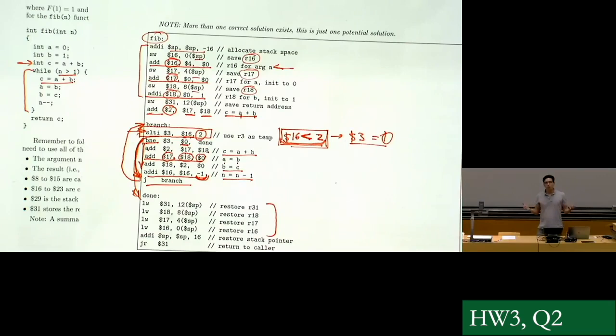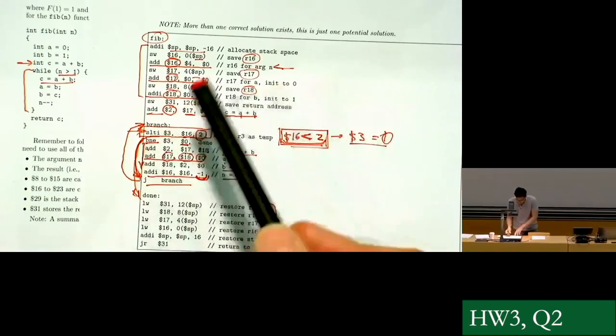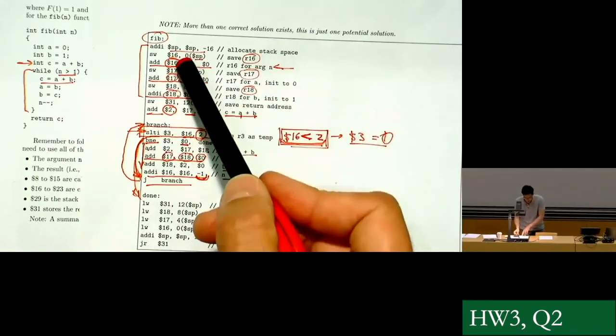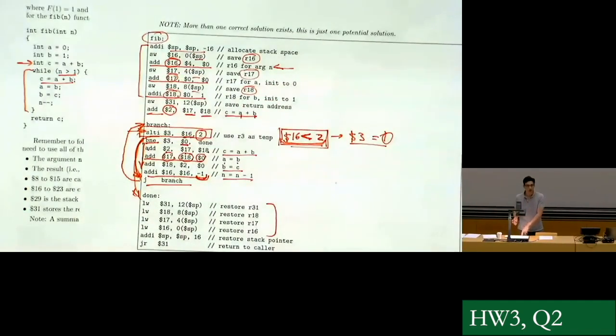In some particular situation, you might be able to do that, but the thing is that you are going to write this function just once. And you know that in this function, there are 3 registers that are used, that are 16, 17, and 18, and you're going to operate using them.